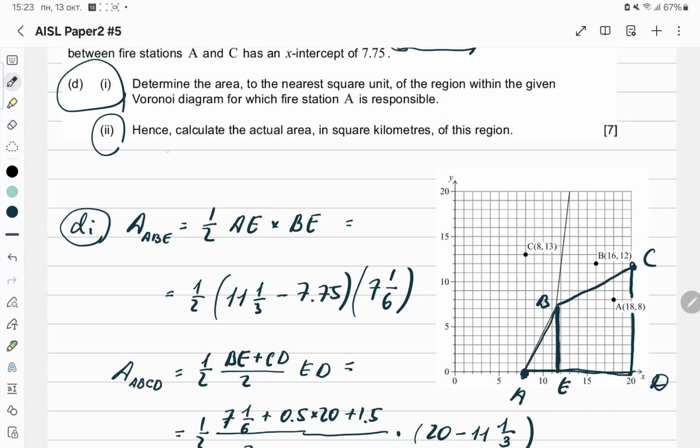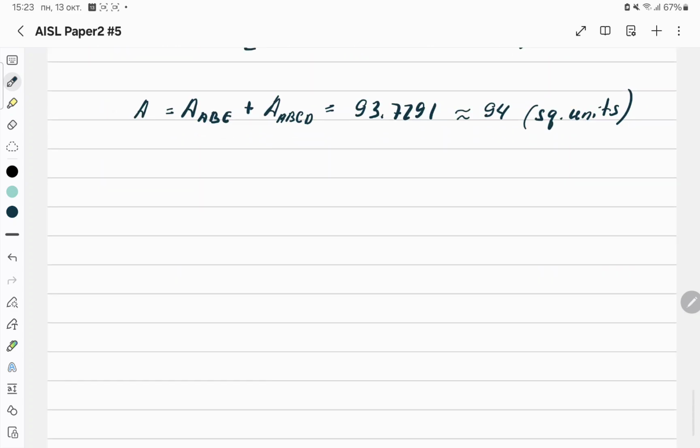And now in D2 it says, hence calculate the actual area in square kilometers. So here we wrote square units, and we know that each square unit, it's given initially, is equal to 2.5 kilometers. So that's how we are converting to kilometers.